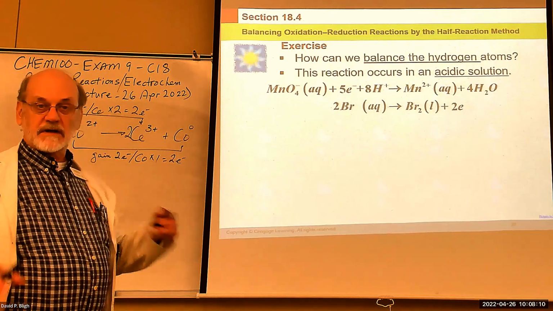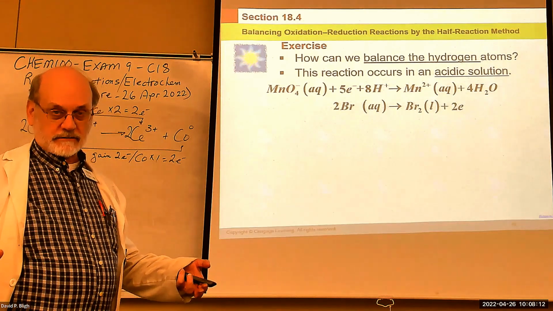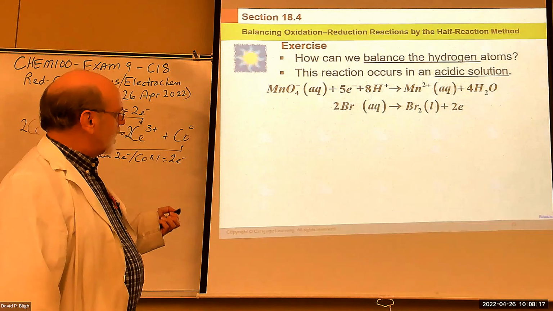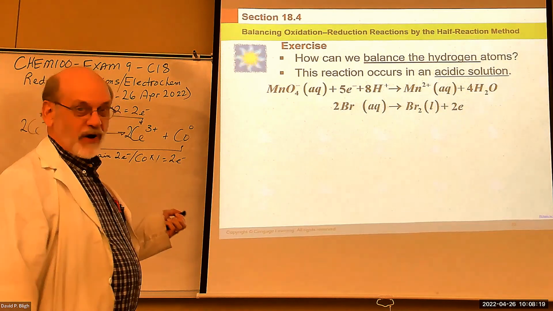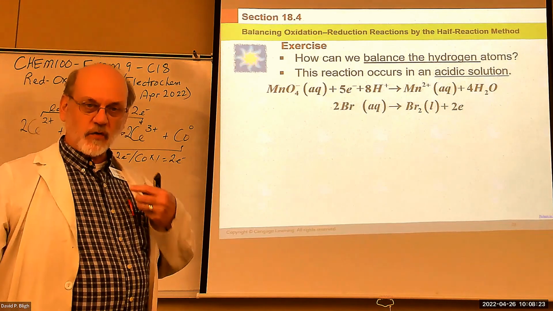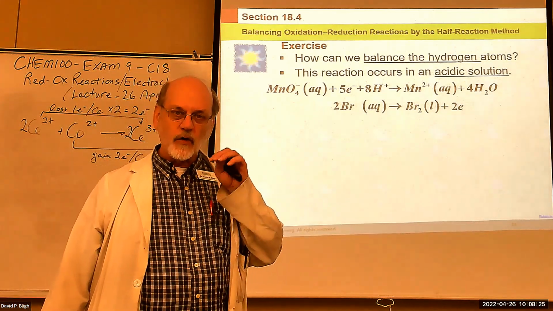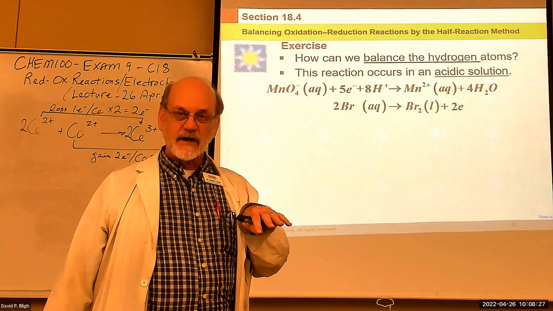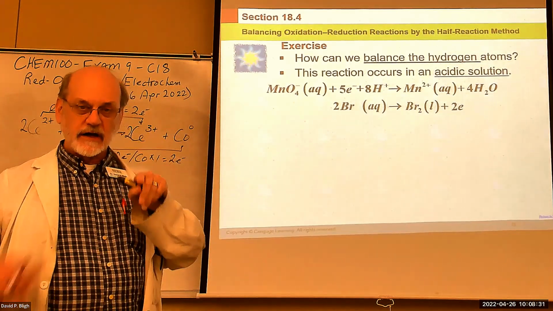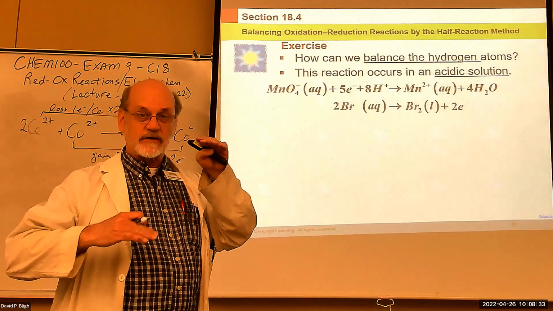Now, next, balance the electrons. In this case, we've got an odd prime number and an even. So you can't just use a multiplier for one reaction and get it balanced. You got to use a multiplier for one and a different multiplier for the other in order to come out with the same number of electrons.